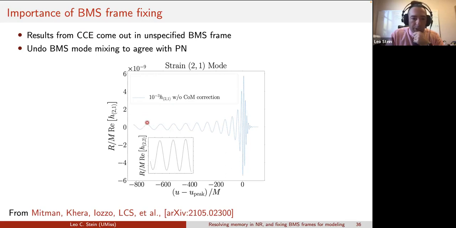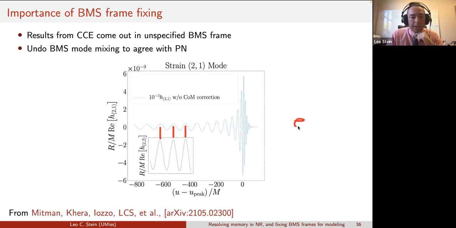What I'm showing here is, as a function of time, the strain in the 2-1 mode for an equal mass binary with no spins. In the inset is the 2-2 mode. And what you might notice is that the frequency is the same between these two modes, which is not what post-Newtonian theory predicts.